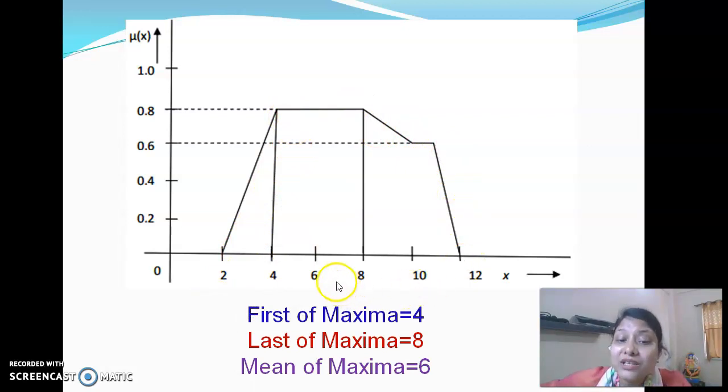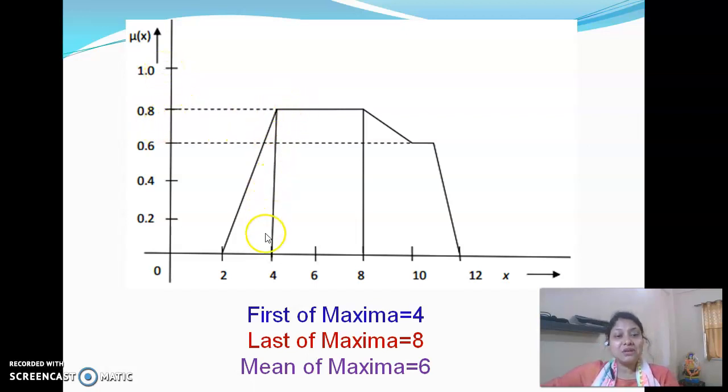Then also we need to first find out the highest degree of membership, and the region of this highest membership. So if I denote that this is the region of interest which has the highest degree of membership value, which here is 0.8, not 1, mind it, but 0.8.